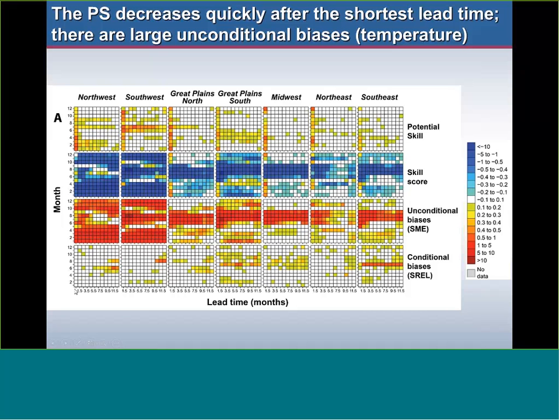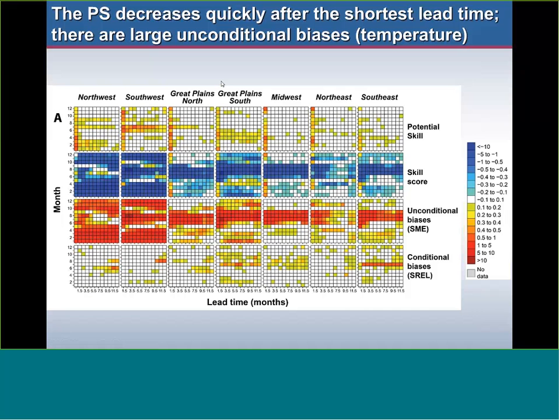For each panel, you have the lead time from the shortest to the longest, from left to right, and you have the month from January to December as you move from the bottom to the top. In general, what you see is that the skill decreases rapidly. This is for temperature. It decreases rapidly as you increase the lead time. The strongest potential skill is for the shortest lead time, and then it decreases.